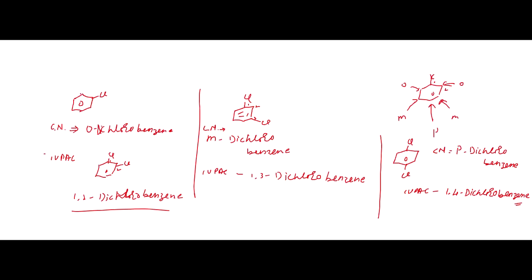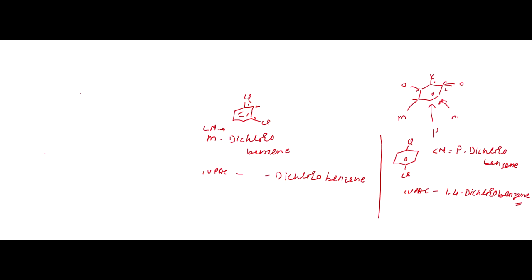Now we are going to the halo substituted compound, that is, tri. That is what is called polyhalogen substituted compound. So what is the polyhalogen substituted compound?